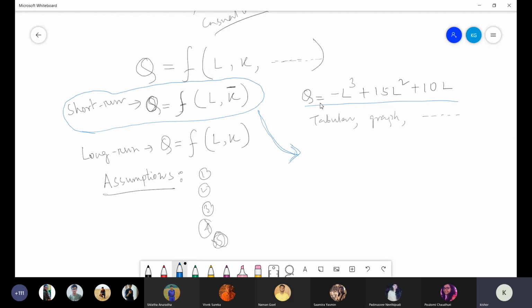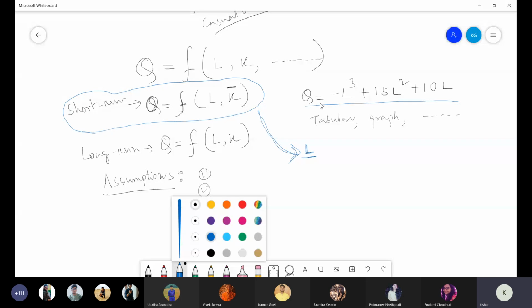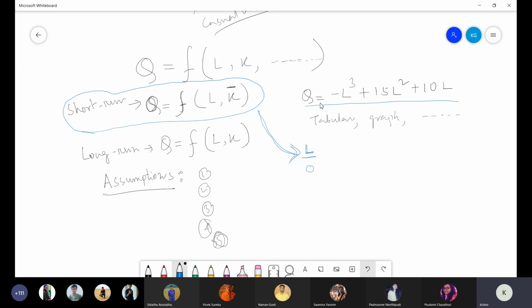So what happened? In a tabular form, you can think of the first column as your labor. You can start it maybe from 1, 2, 3, 4, and so on. You can go on. Then, based on these values, you can calculate total product with respect to labor.